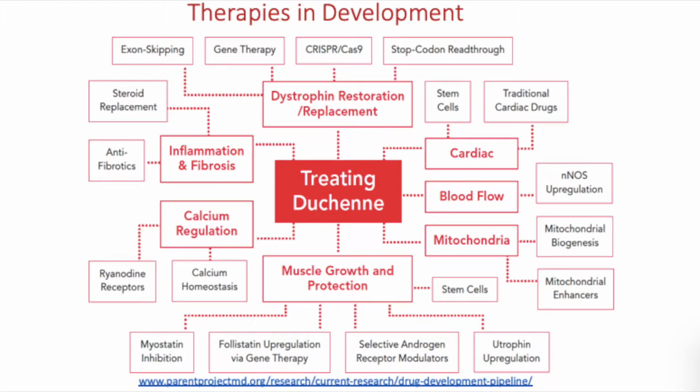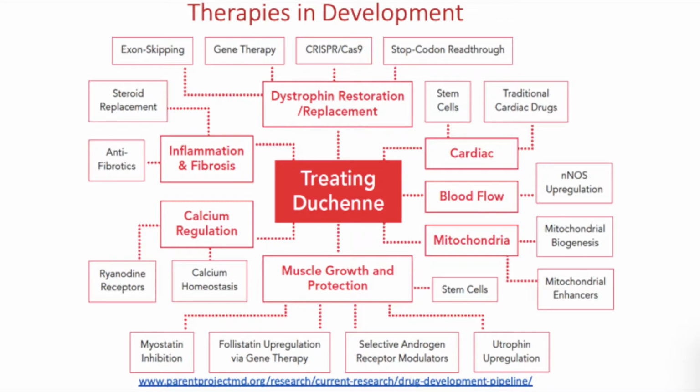So the overview, the first part of my talk, is to say that there are lots of new developments. This is from the Parent Project website, which is a great resource for families to look at what is new and coming. The latest development has an interactive component for you to find out whether your son may be a good candidate to participate in these trials. There are ways of fighting the inflammation and the scar tissue that are part of this deterioration.